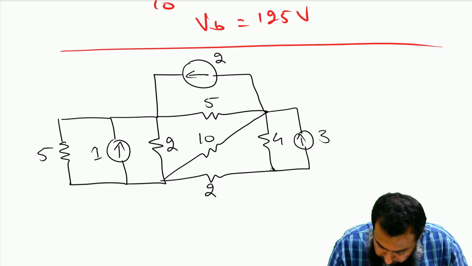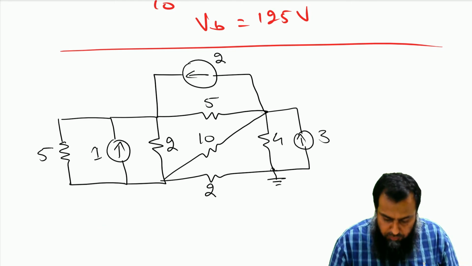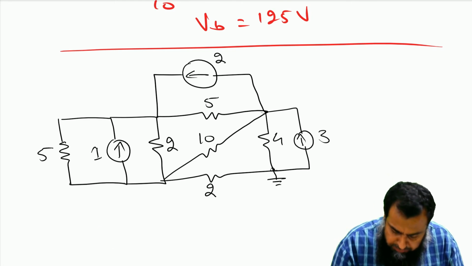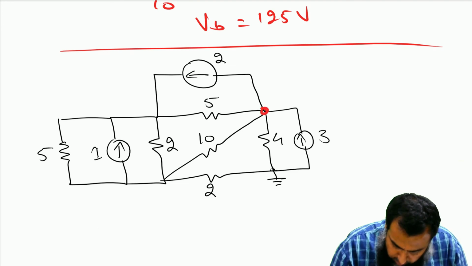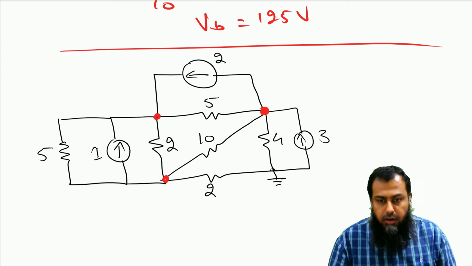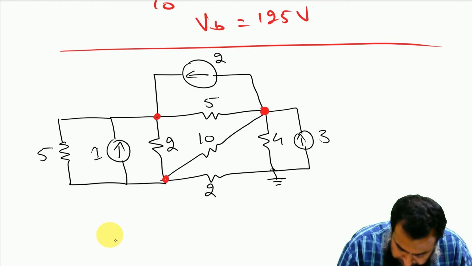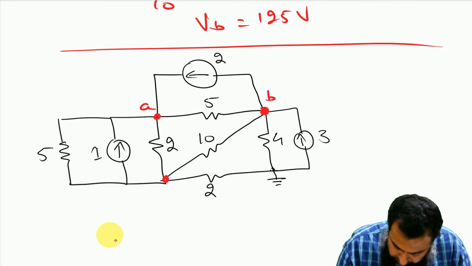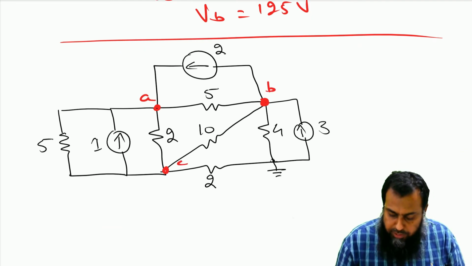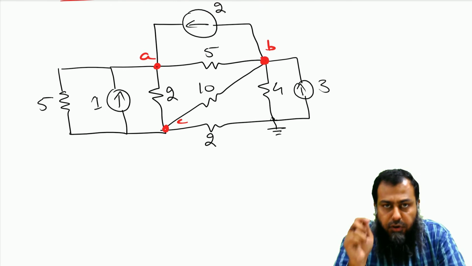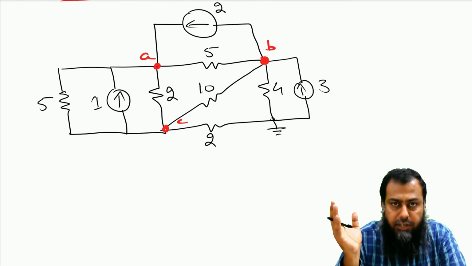Let us say this particular node is our reference node, which leaves three nodes that require a solution. Let us say this is node A, this is node B, and this is node C. We need to write down equations for all of these three nodes to solve the given circuit.